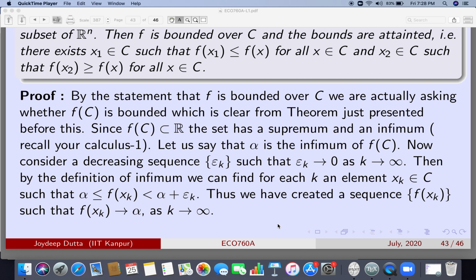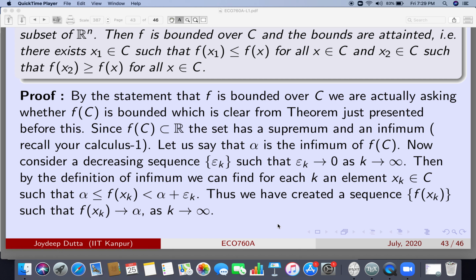Now by the definition of infimum, whenever I increase the value of alpha by a small amount, alpha plus epsilon k cannot be a lower bound. So there must be an element xk in C corresponding to that epsilon k, such that f of xk is strictly less than alpha plus epsilon k, but greater than or equal to alpha.